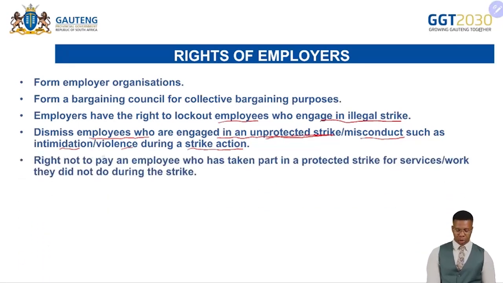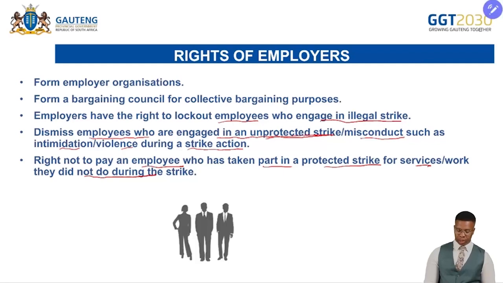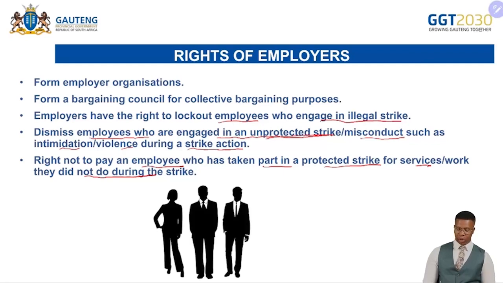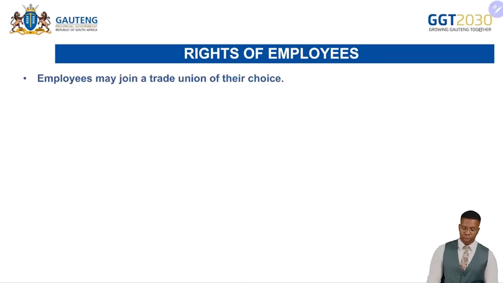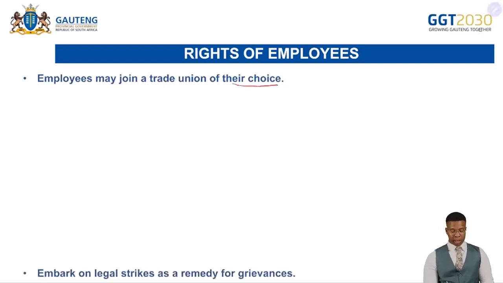And then they also have the right not to pay employees who have taken part in a protected strike for services or work they did not do during the strike. So that is also part and parcel of the rights of employers. Then that is the rights of employers. Then when you're looking into the rights of employees, employees may join a trade union of their choice. That is one, they have a right to do so.